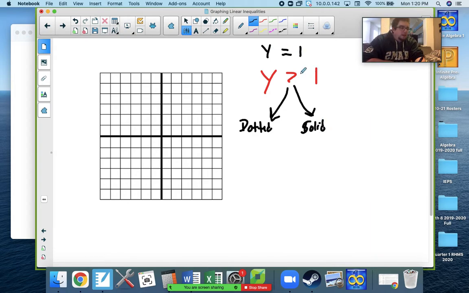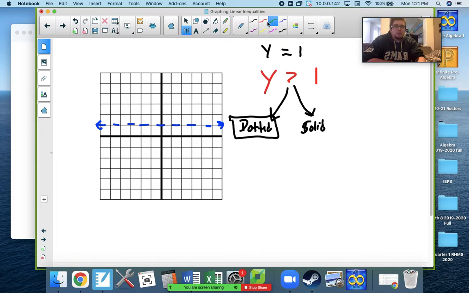Is 1 included in our answers? Can I pick 1? Because it's just greater than, means we draw a dotted line. So right here at 1, I have a dotted line. So I'm not allowed to pick exactly 1, but I can pick numbers on either side.